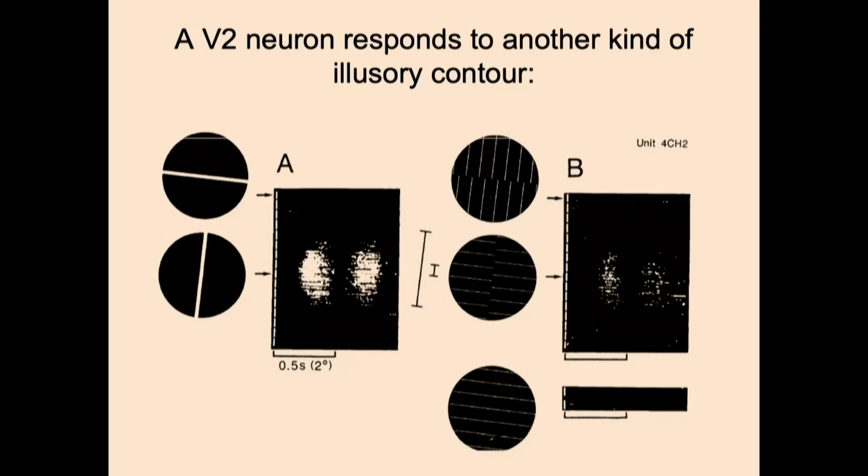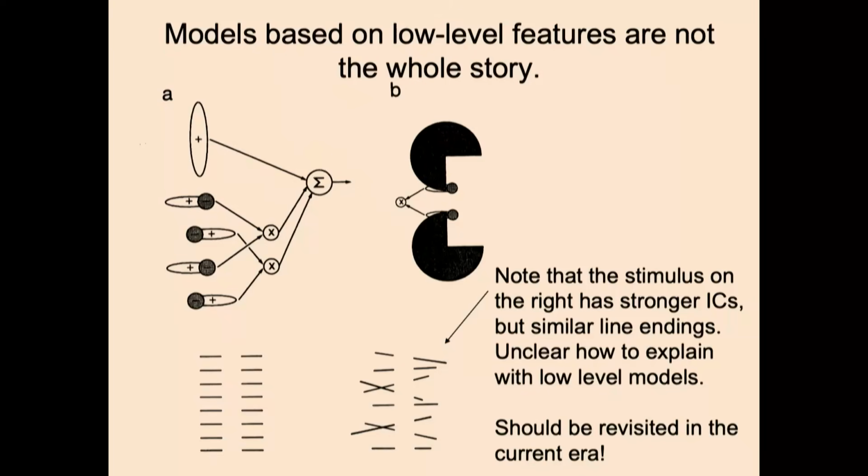All right, so it's natural to wonder what the mechanisms are that give rise to these illusory contours. And I would say we don't entirely know. There have been proposals for models of illusory contours based on local low-level features. Here's a diagram for one such paper.